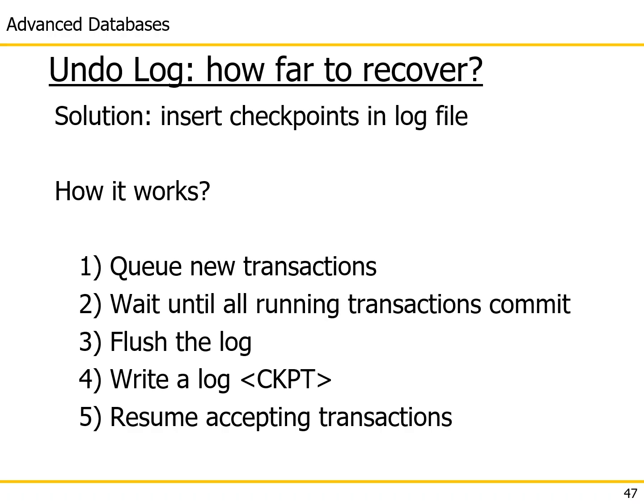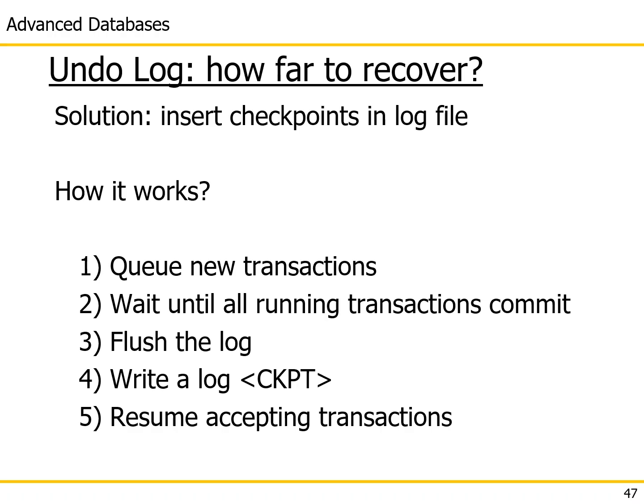And this marker is basically saying no one is running, because if you tell the transaction manager don't start new transactions, queue them until I tell you to start running again, and you tell the buffer manager to tell you when all the currently running transactions are done, then no one is running when you get the notification, because no new one will be introduced into the database engine. Then you go to the log and you write a checkpoint, the word CKPT.